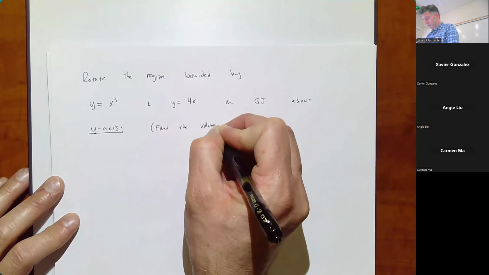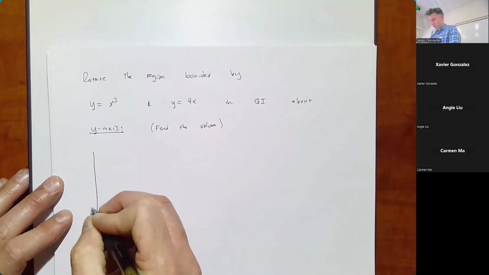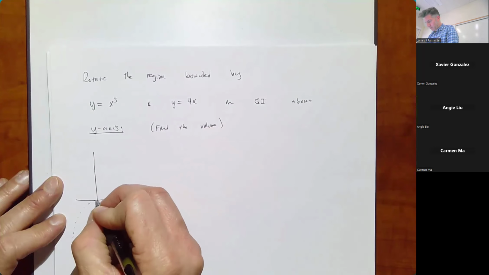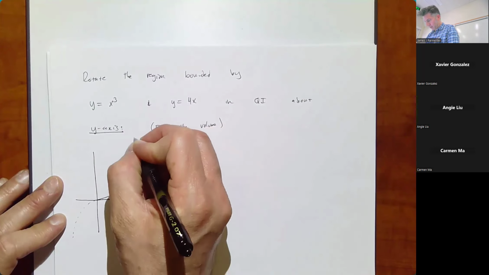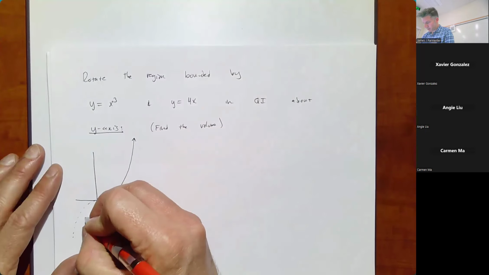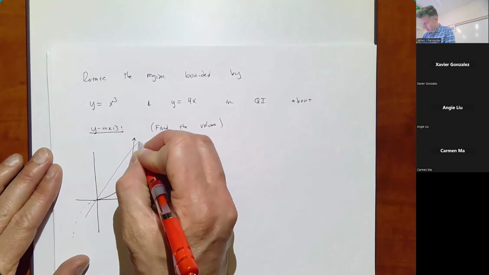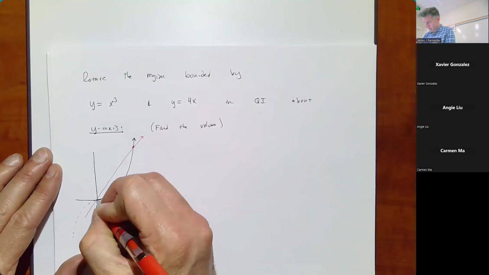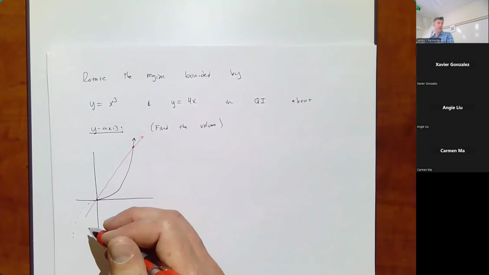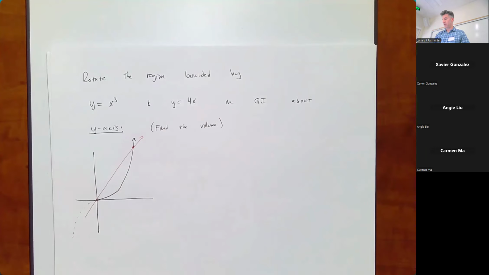So let's draw it. y equals x cubed looks vaguely like this. It's not the function I'm best at drawing. And y equals 4x looks something like this, and they do eventually intersect. Yes, they would intersect down here as well, which is why I had to specify that we're only looking at the first quadrant. Otherwise, we'd have to look at both quadrants.